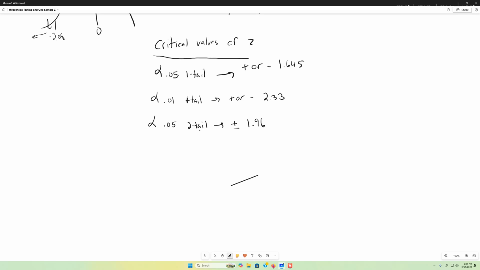When you have two-tailed, you have two critical values, a positive and a negative. And for 0.01 two-tailed, plus or minus 2.58. You should memorize these four values because they're going to be on the exam, and they're easy ways to do the Z problems. These only apply to Z.